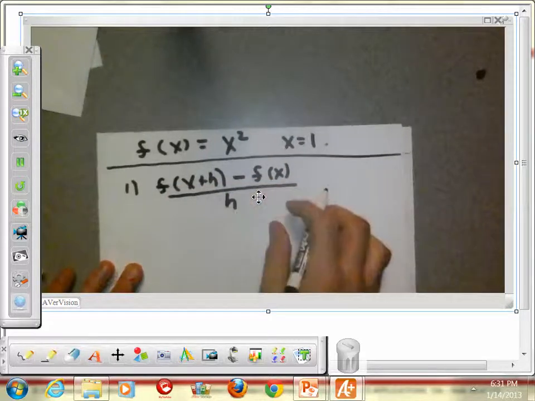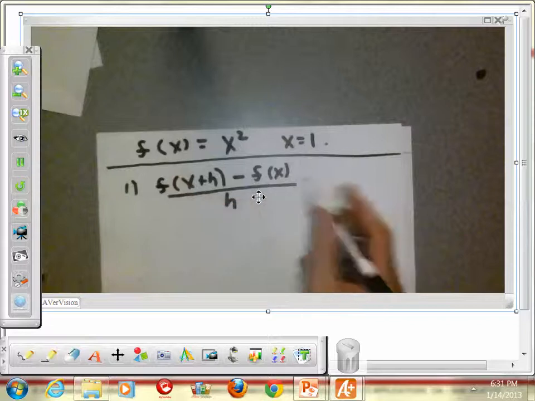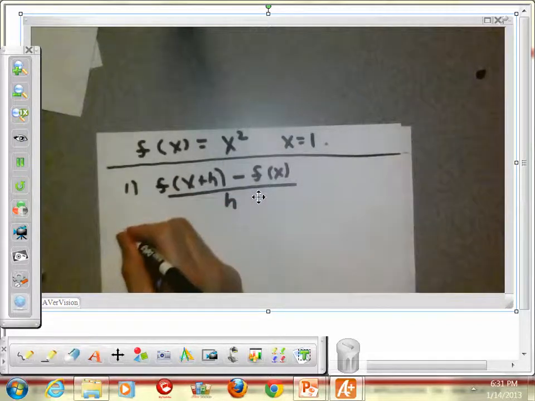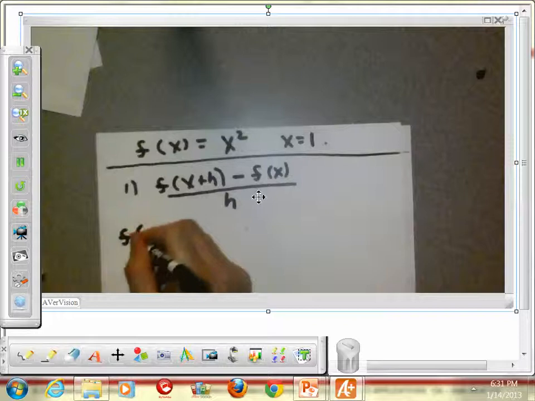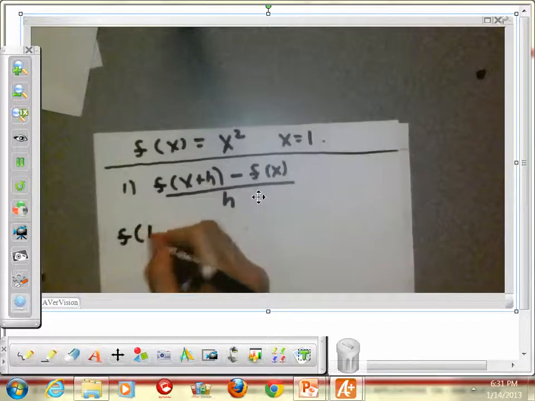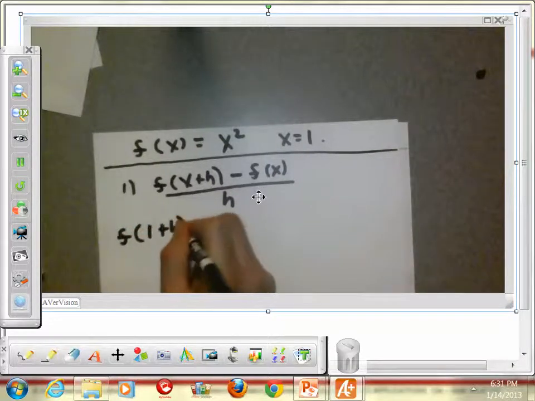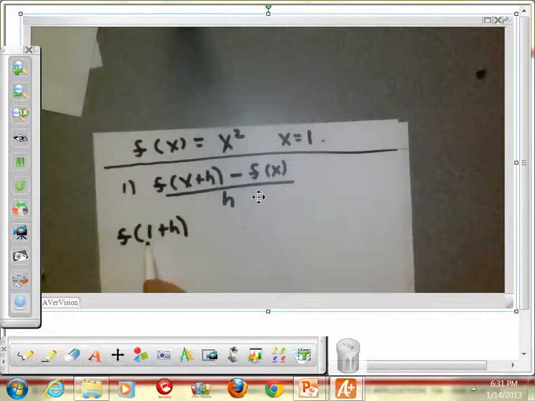Well, x equals 1, so f of x plus h is just going to be f of 1 plus h, because x is 1 and I'm adding h to it. So instead of x plus h, I have 1 plus h.